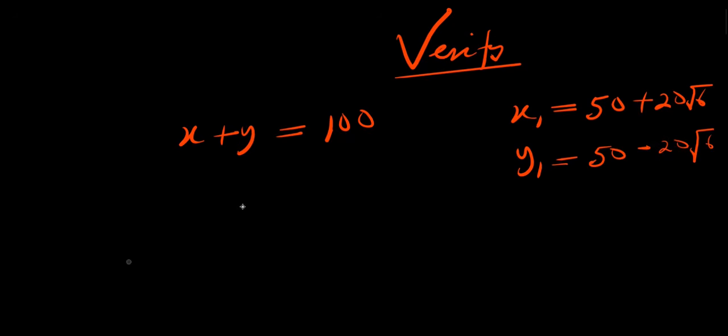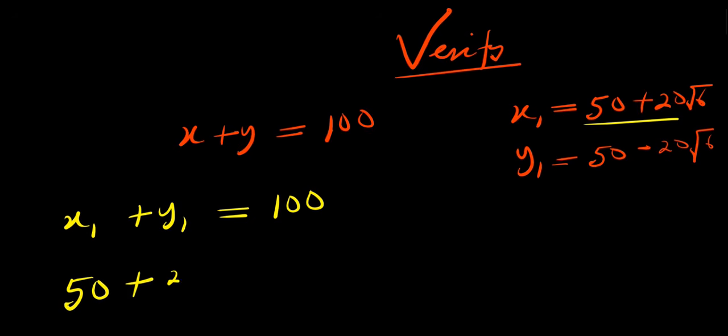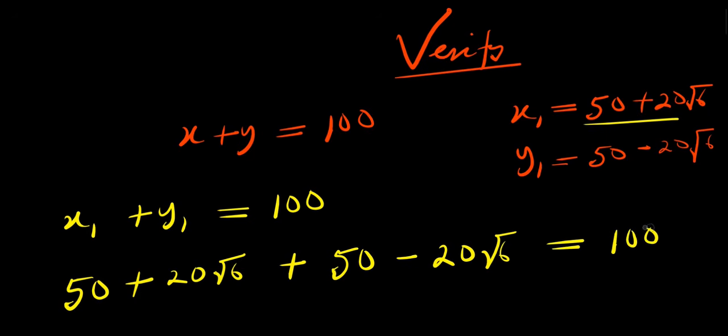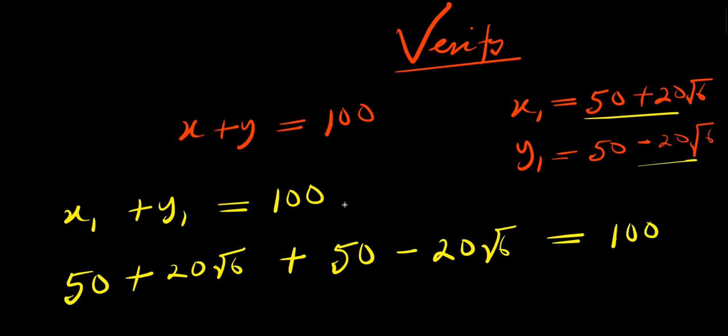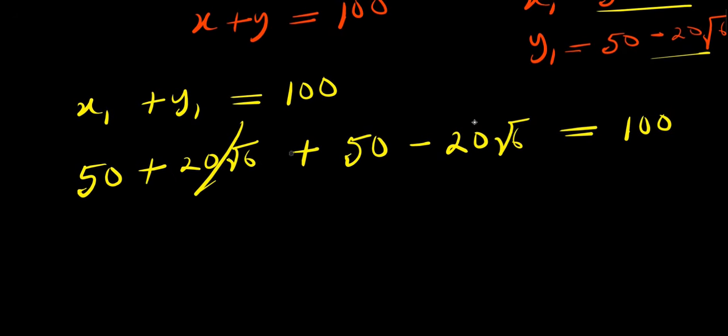So for x1 plus y1 equals 100, we have 50 plus 20 root 6 plus 50 minus 20 root 6 equals 100. This eliminates this, so you have 50 plus 50, that is 100 equals 100.